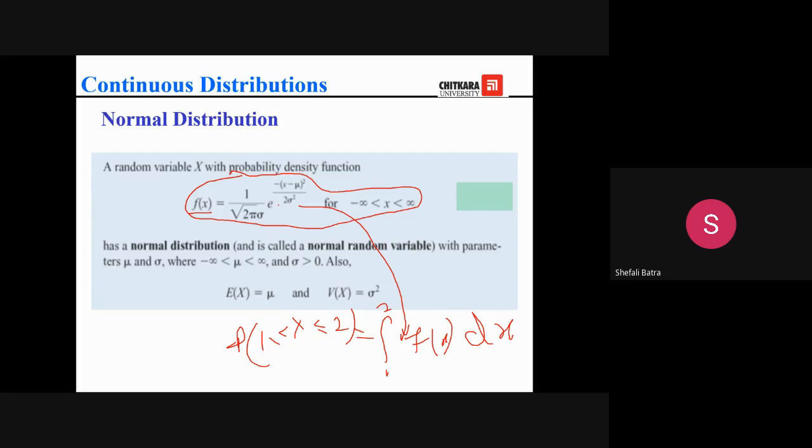So for the sake of evaluation, or to make this calculation easy, what is done? We have converted this continuous random variable into a standardized normal variable, right?